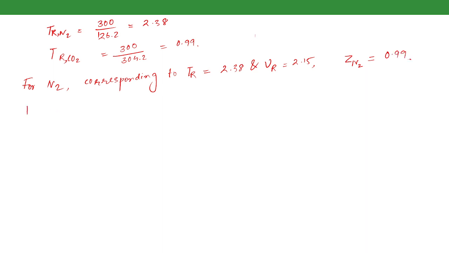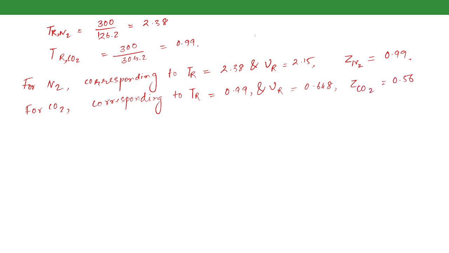And for carbon dioxide, corresponding to the reduced temperature value of 0.99 and the pseudo reduced volume value of 0.648, the compressibility of carbon dioxide comes out to be 0.56. Okay.